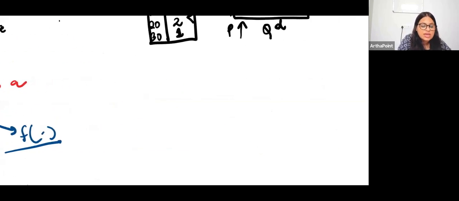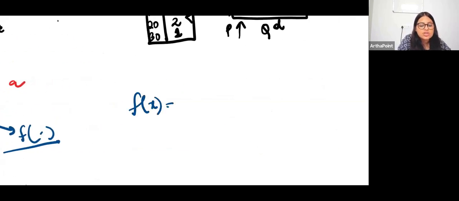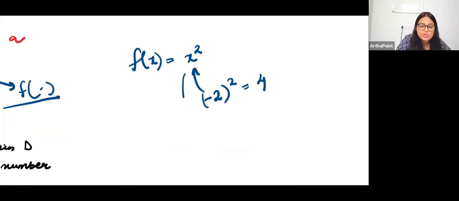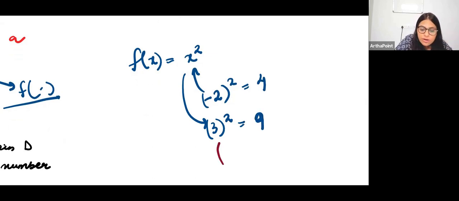Which means if I tell you my function is x square, I put a value here, I square that up, I get a value of the function. I put a value here, I square that up, I get a value of the function. So putting values for x gives me values of the function, right?